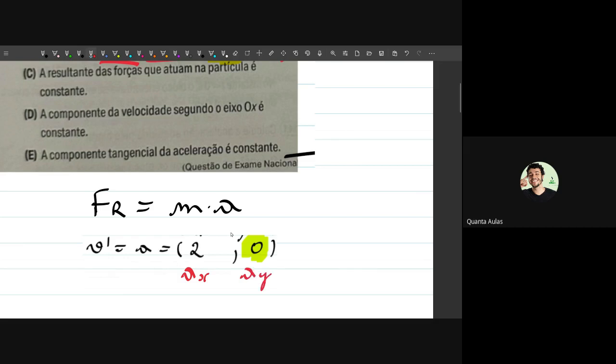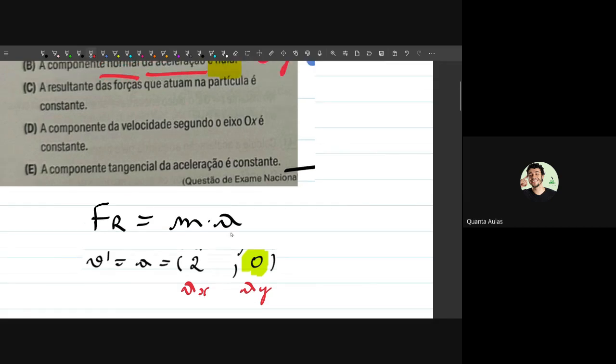Okay, so these 2 values don't depend on time. It's not time dependent. It's constant. It's always 2 for x and always 0 for y. Right? Yeah. Do you understand?